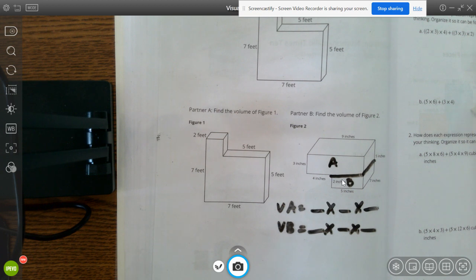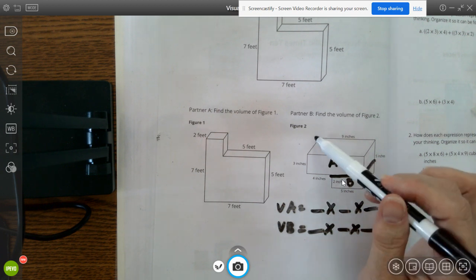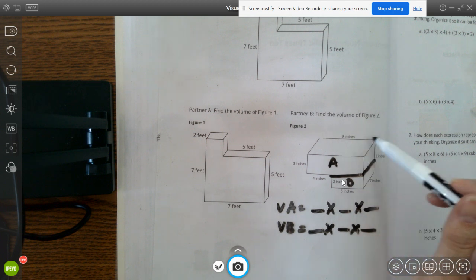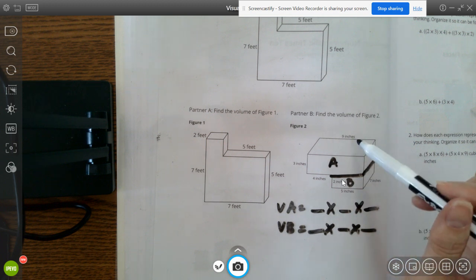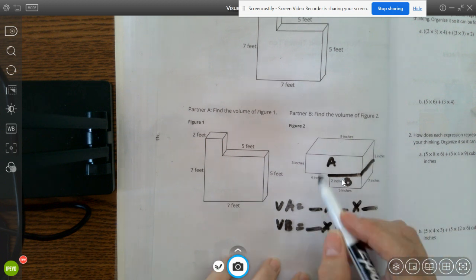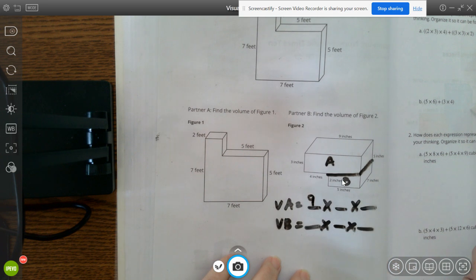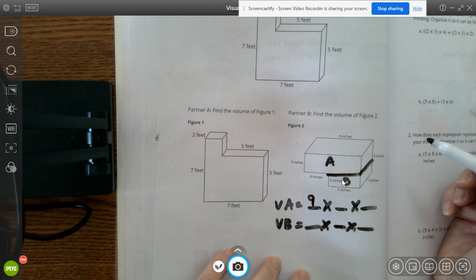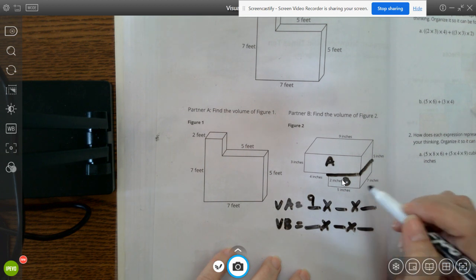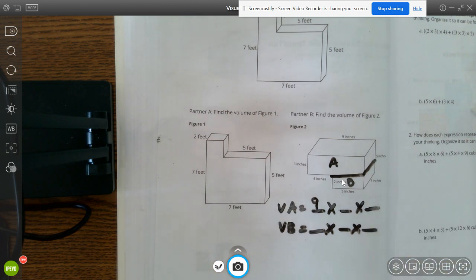Okay, I'm going to go to the across. Across is a straight line across, and 9 isn't broken up anywhere, so I know the full length of that figure is 9. Now I need to look for a diagonal. I see a diagonal here. I want to show you something pretty cool.